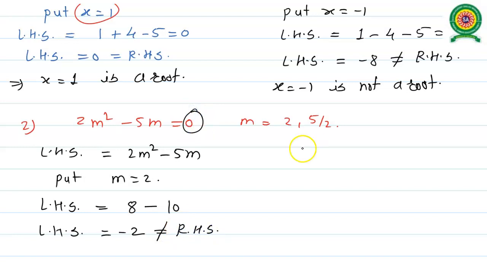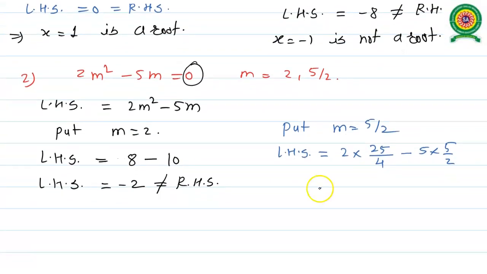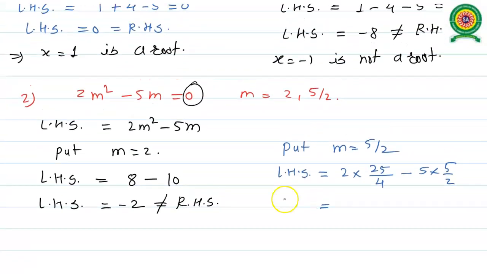Now let us verify for the next m value. So try to substitute m equals 5 by 2 in our LHS, so that after simplifying the LHS, it is of the form 2 into 5 by 2 the whole square. We now have 25 by 4 and minus 5 into 5 by 2. Now, 2 1s are 2 and 2 2s are 4.